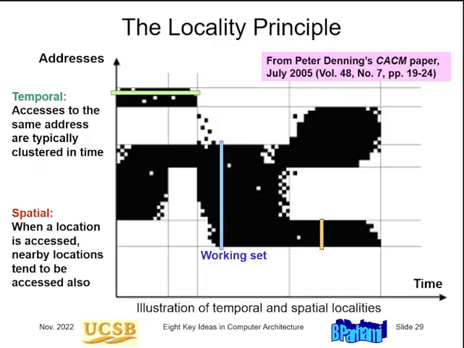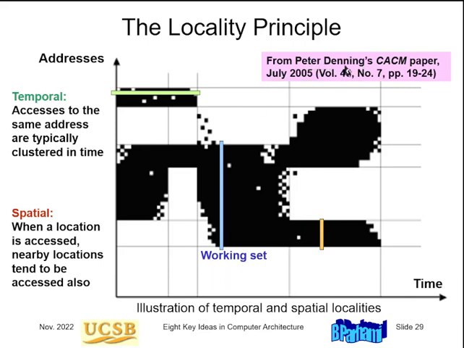So a cache memory works according to the locality principle. The reason it works is that our accesses to data tend to be local, and there are two types of locality. One we call temporal, or time-wise locality, and one we call spatial, or space-wise locality. So this is a particular program running.